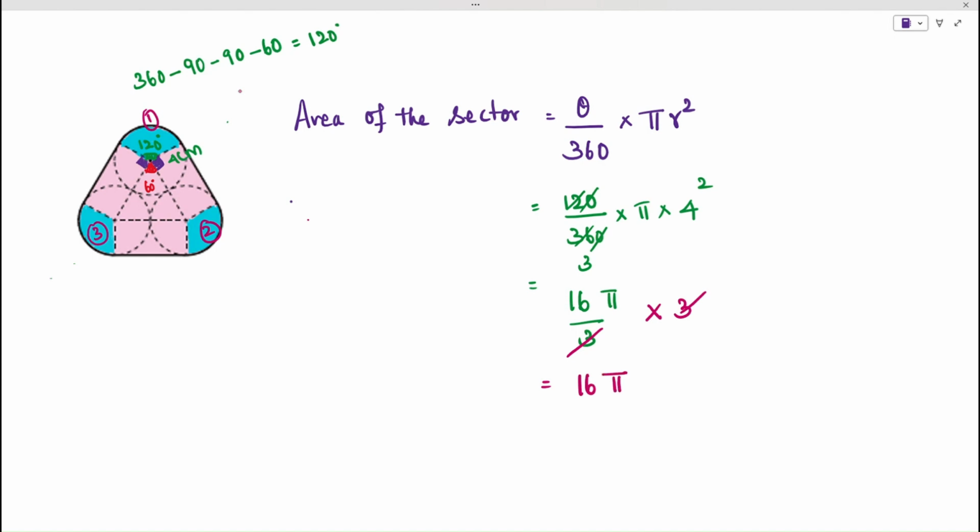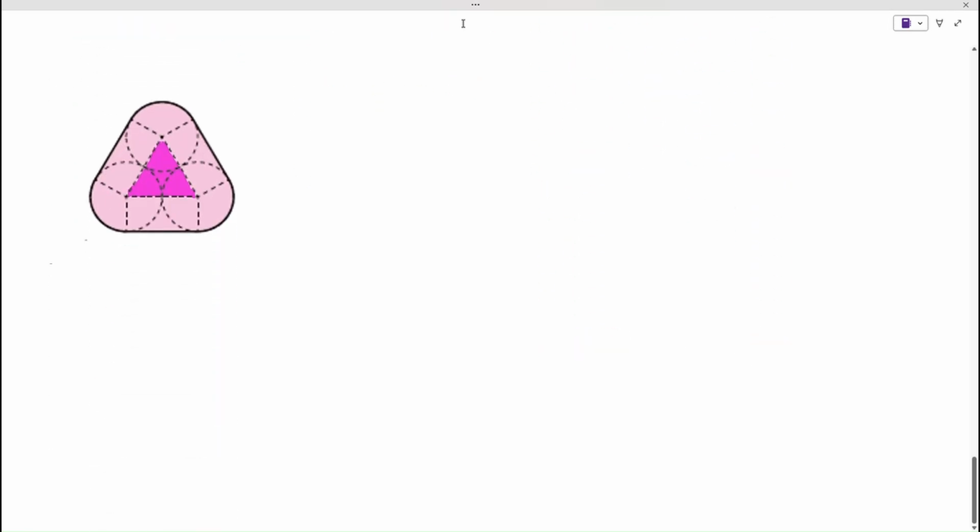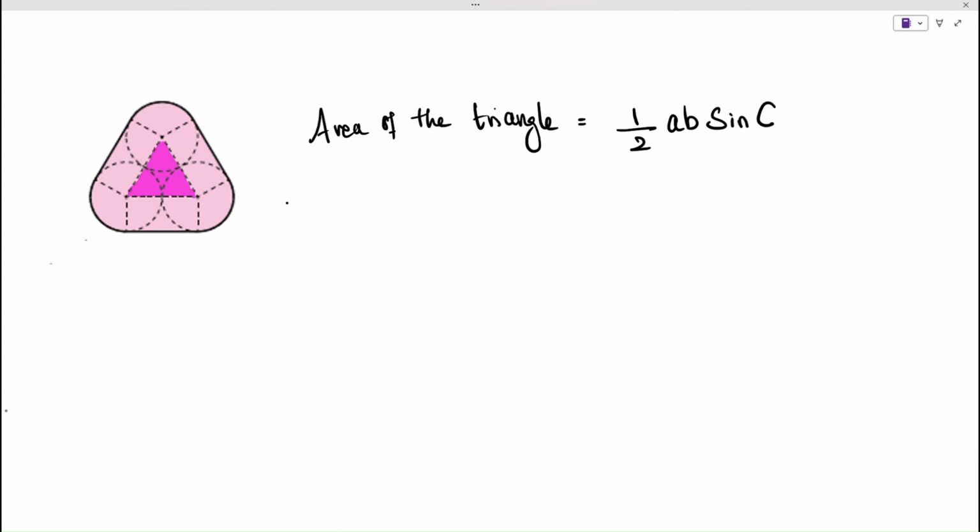Now, the final area that we have to calculate in our shape is the area of our equilateral triangle. So we have our equation for the area of a triangle, which is half ab sine C. And so what we can do here is we have all of our angles at 60 degrees.